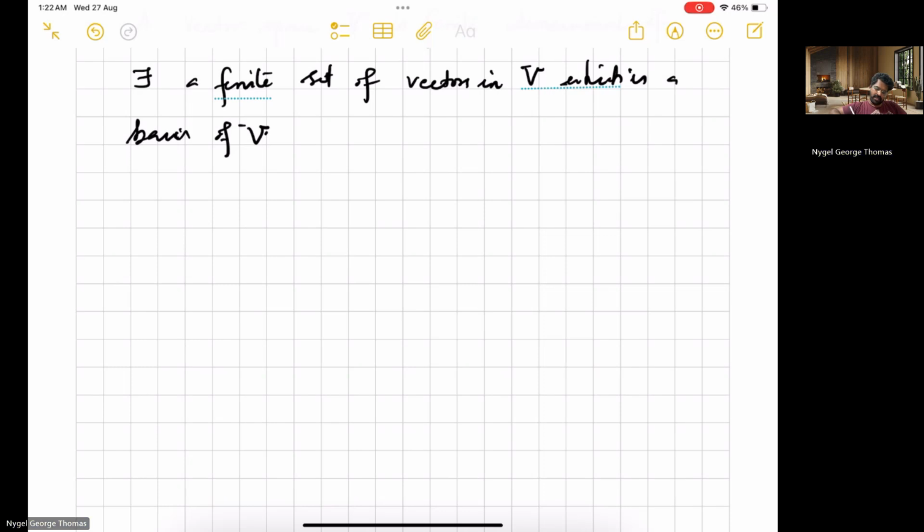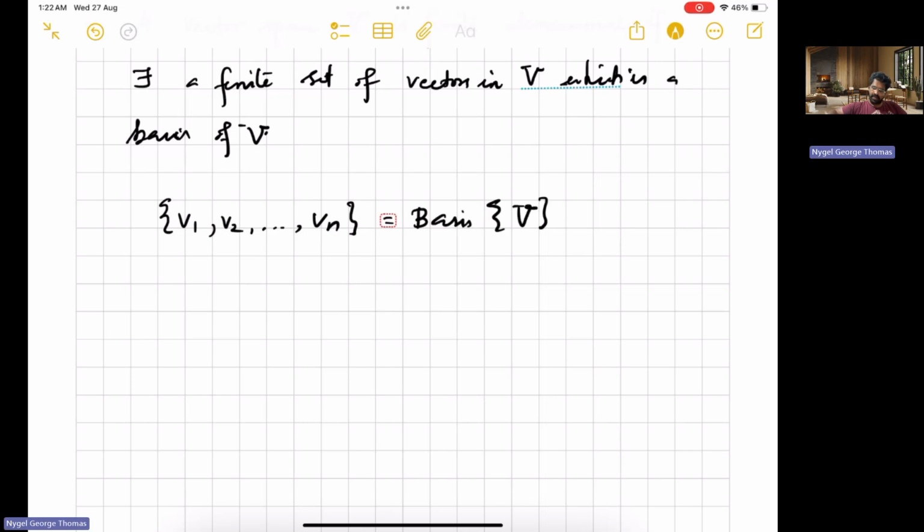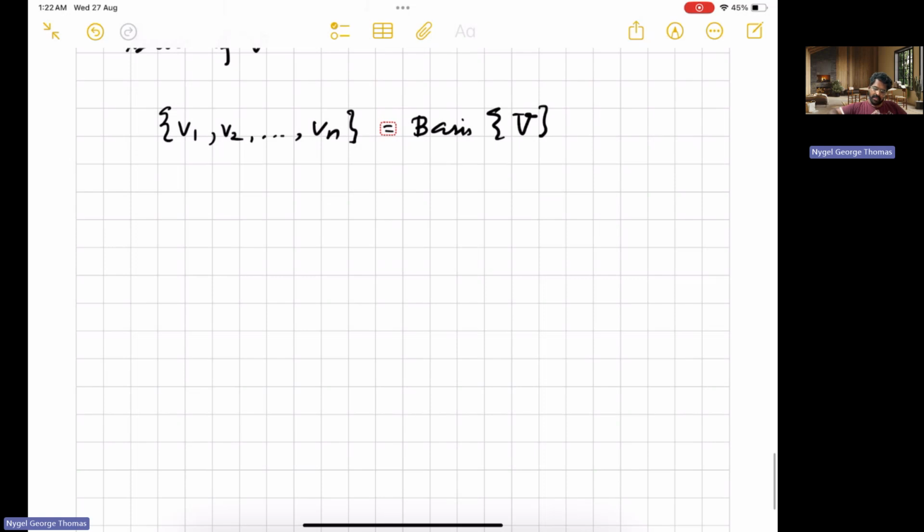Let's say a set of vectors v1 to vn is the basis of a vector space V. This vector space V is finite dimensional if n is less than infinity.